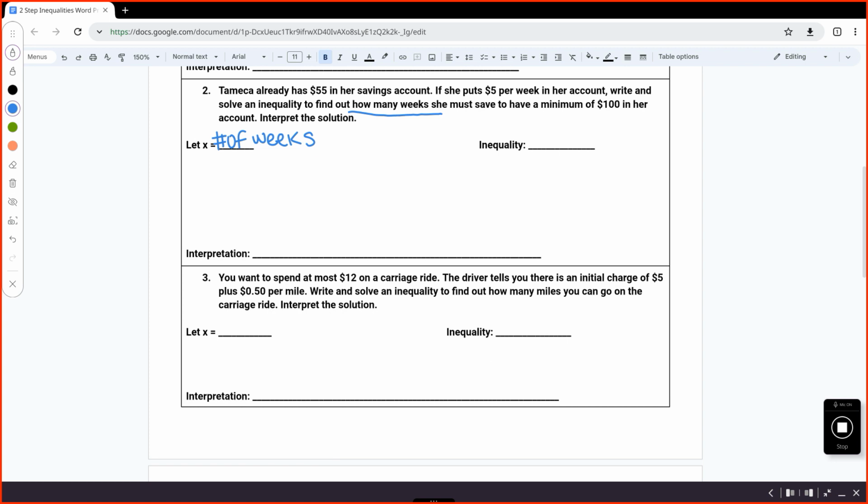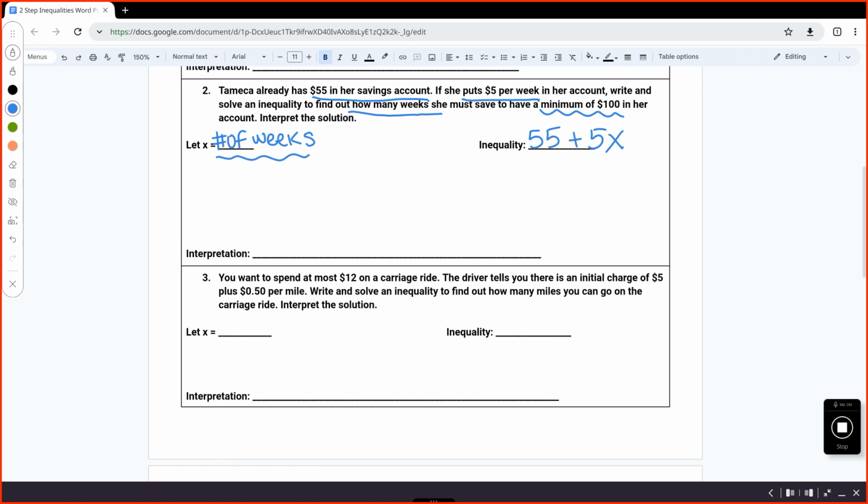Our inequality, we're going to start with Tamika has $55 in her account, so we're starting with $55. Then she puts $5 per week, so she's adding $5 each week, and we said the number of weeks already is x. And we are trying to find how many weeks it'll be for her to have a minimum of $100.